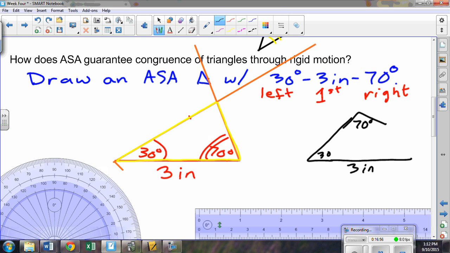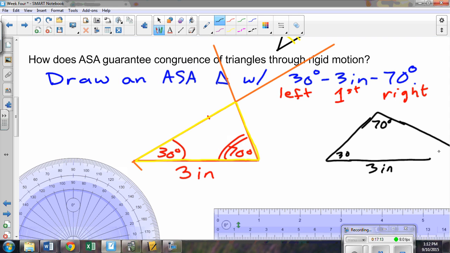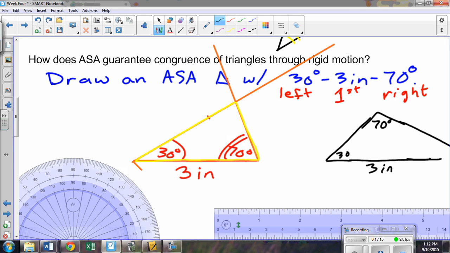We're talking about angle, side, angle. The side must be in between the two angles that you've picked. Is the 3 inches in between the two angles? No, so this is actually not a picture for angle, side, angle. This is a picture for angle, angle, side.